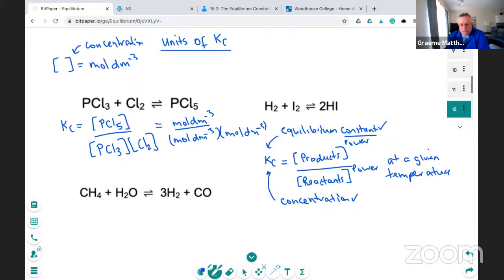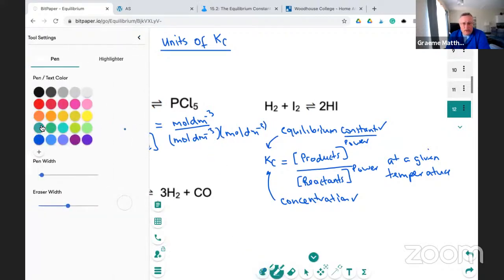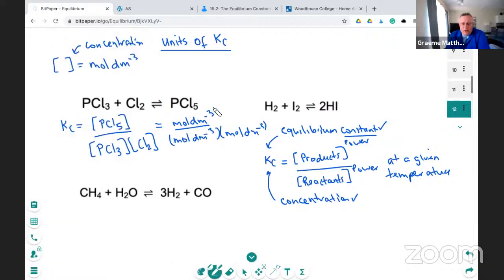Now, change pen colors here. Back using this green. All right, this decimeter cubed, this one, this, and this cancel out. And so all I'm left with is, actually, I can probably do that a little bit better. I do like this. Moles per decimeter cubed up here cancel with moles per decimeter cubed up here.